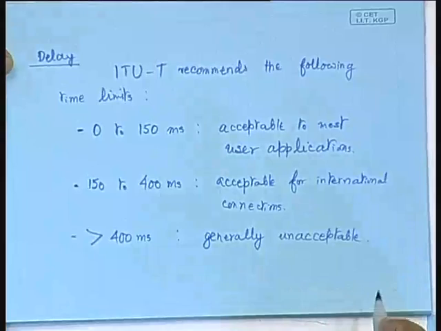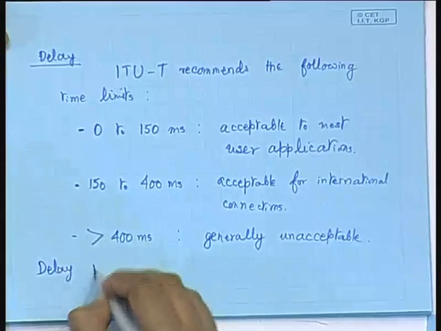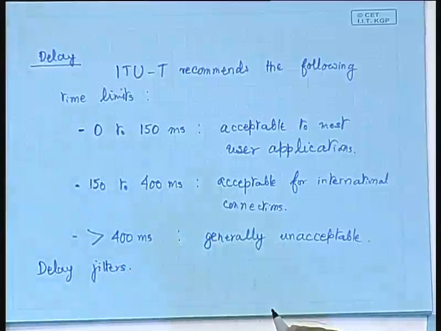They also talk about delay jitter. Delay jitter means that there are delay variations. If the network generates a constant delay of 100 milliseconds, then there is no problem, because everything will reach the destination 100 milliseconds later.